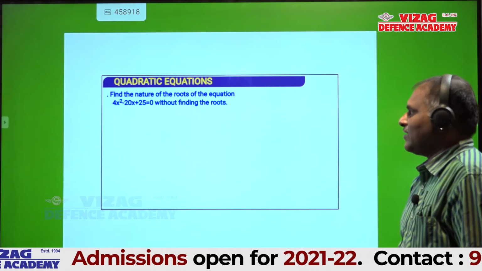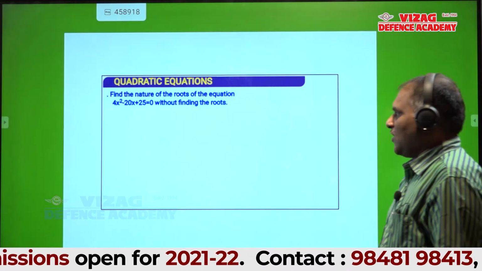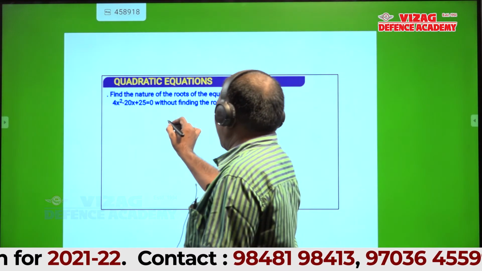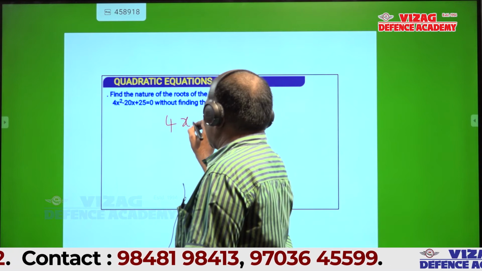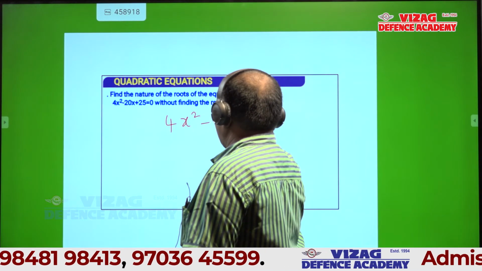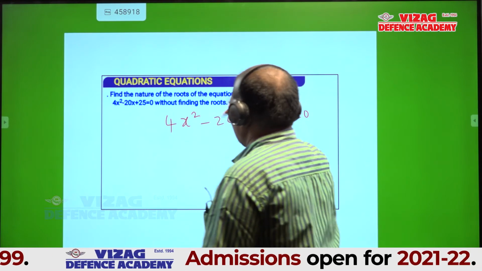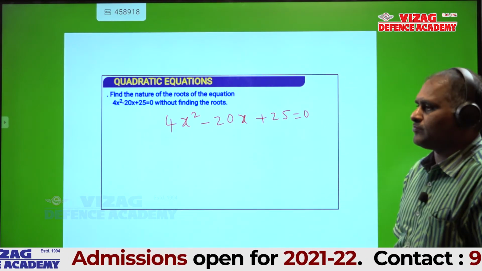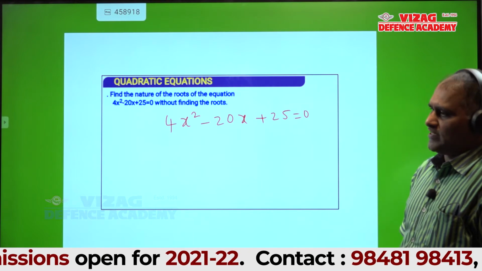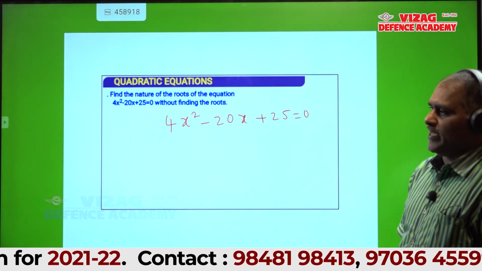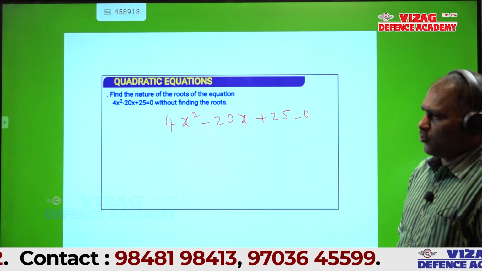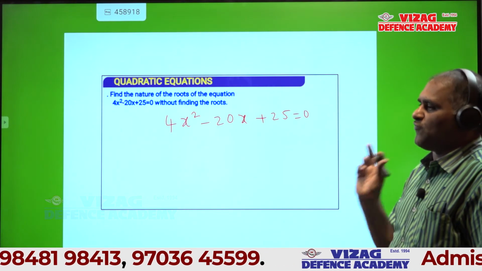Find the nature of roots of the equation 4x square minus 20x plus 25 is equal to 0. What about the nature of roots?